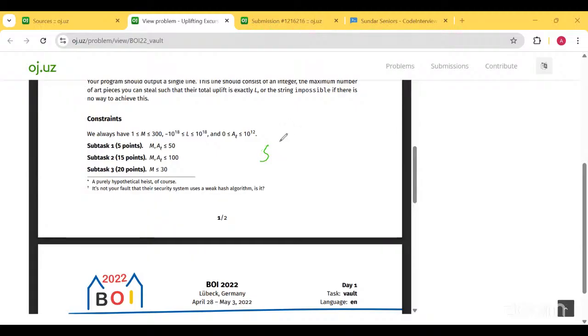It means the maximum uplift is 50 times 51 divided by 2. Is it correct? Yes, I think this is the maximum uplift.